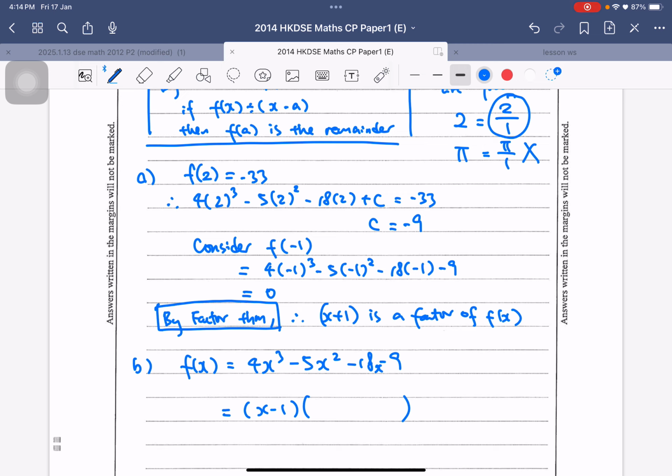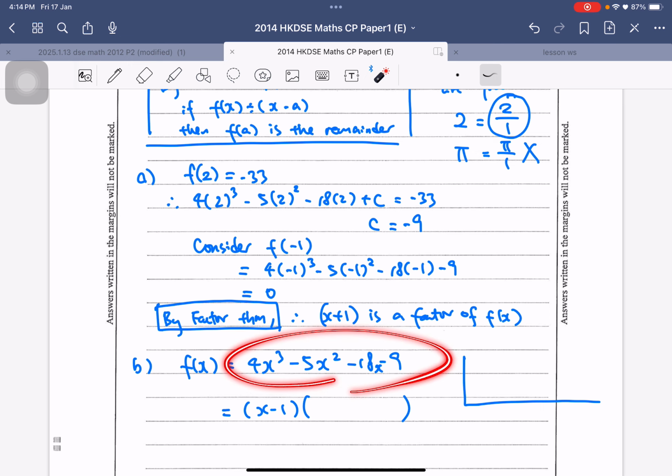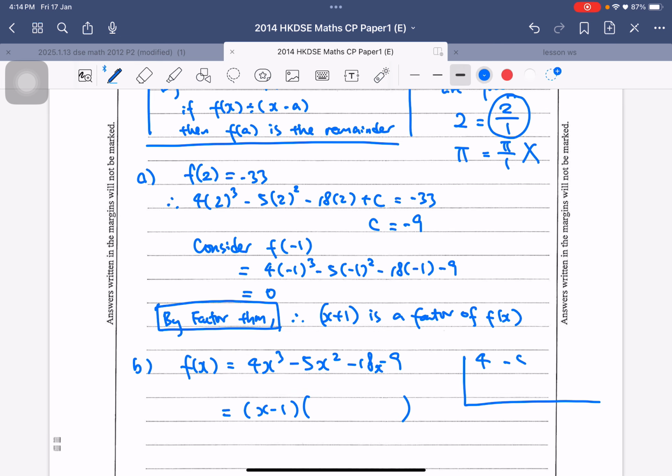Then how do we find this quadratic? We can use long division or short division, isn't it? Yes. Then write down the coefficients. So Eddie, what are the coefficients of this cubic equation? 4. Yes, 4 and then? Negative 5. Negative 18. Negative 9.